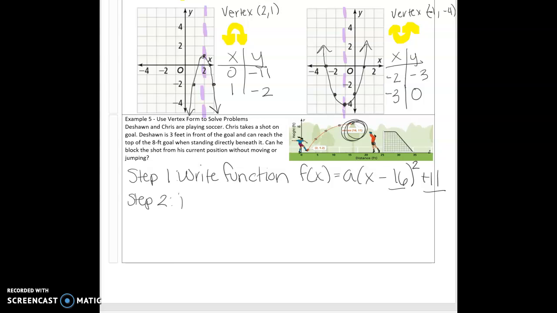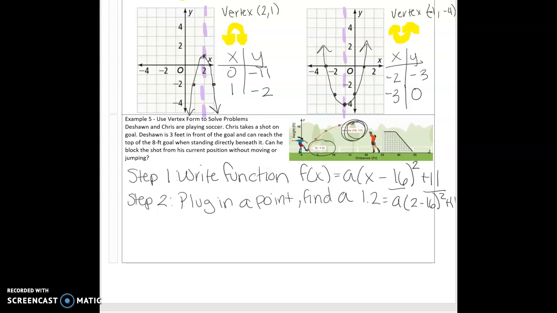Then we need to find another point and plug that in to find a. So step 2, plug in a point to find a. So we have this point right here. So we have x is 2 and y is 1.2. So we have 1.2 equals a times, in parentheses, 2 minus 16, squared, plus 11.